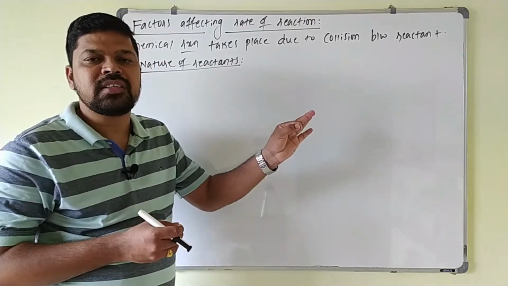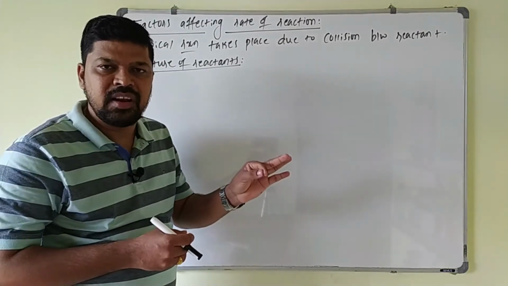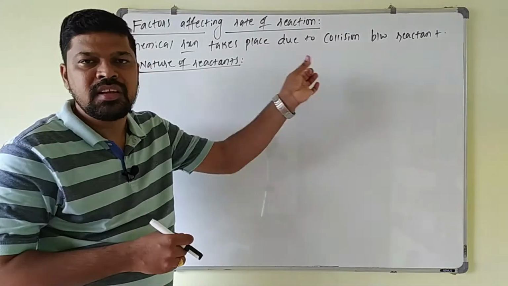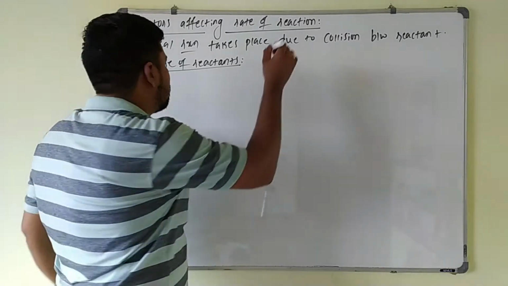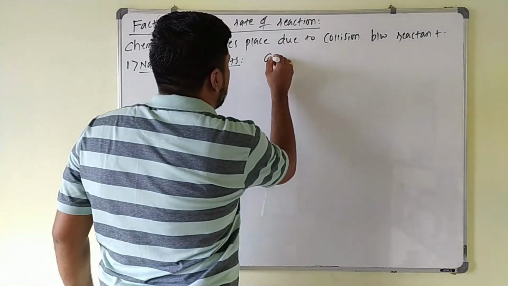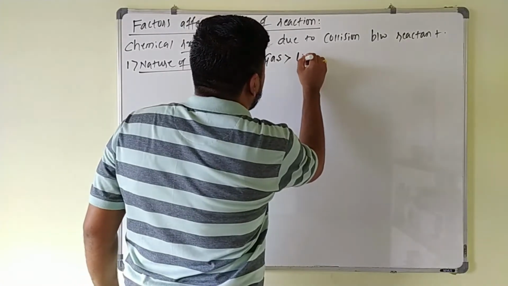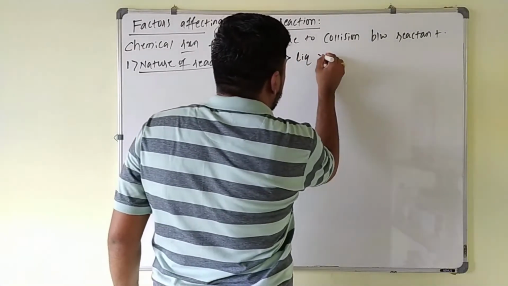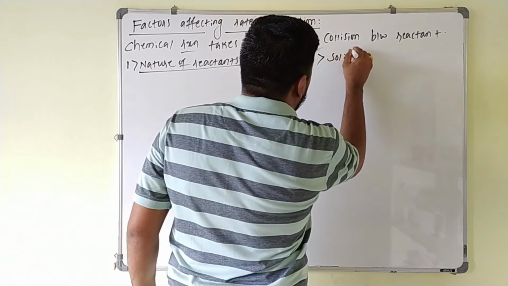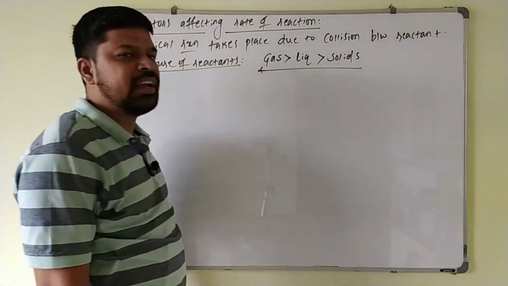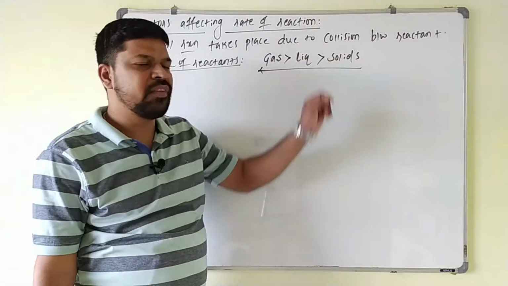But solids interact only at the surface level, so the collisions are not effective, hence the rate of the reaction is less for solids. So gaseous reactions are very fast as compared to liquid reactants, which are fast as compared to solids. In this direction the rate of the reaction is increasing, because in gases and liquids free intermixing is possible.